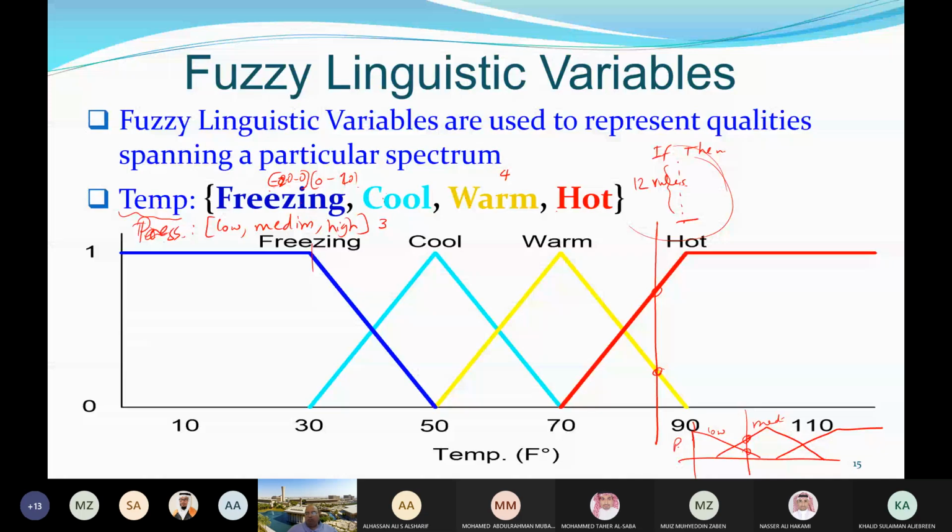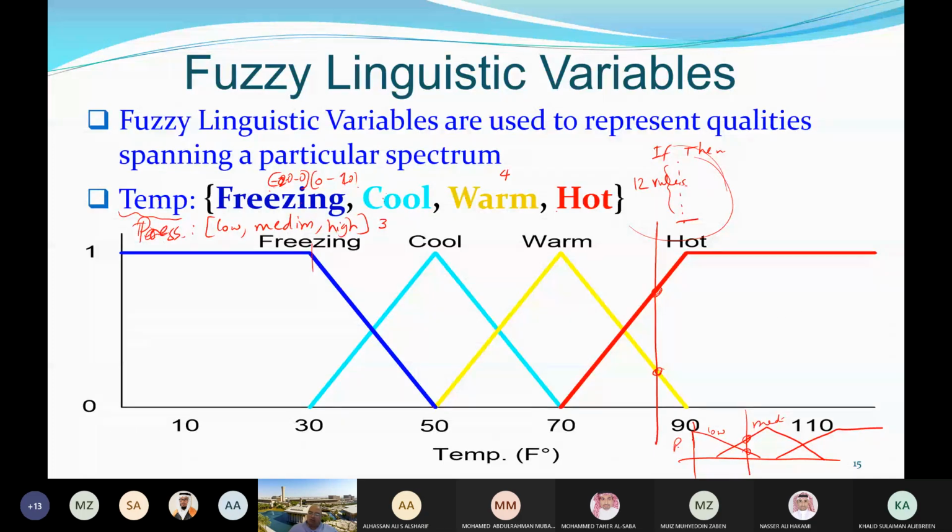How many rules have values, degree of membership, or how many rules will be fired? The others will be zeros. So what do you think? How many rules? 4. 4, yes. We have 4.